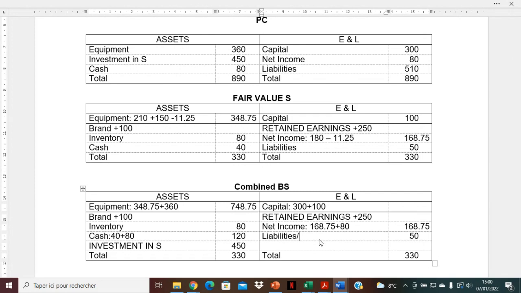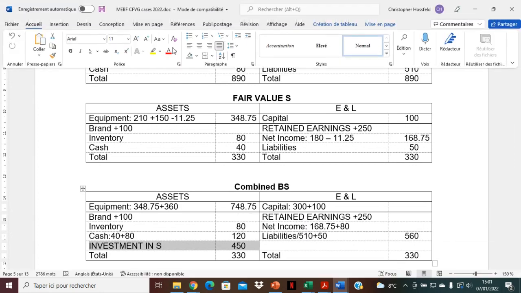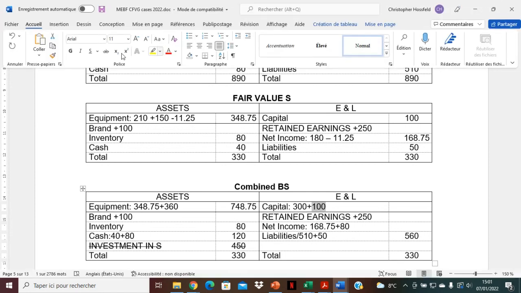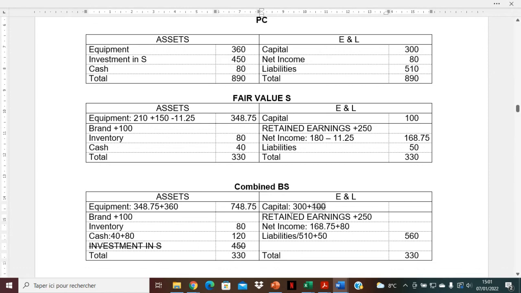And I have liabilities, 510 for the parent plus 50 for the subsidiary, so 560 in total. Okay, just all added up. Then I eliminate what's internal. Okay, so I delete the investment of 450 as always. I delete capital of 100. Okay, same as previously. I delete the retained earnings revaluation reserve here.